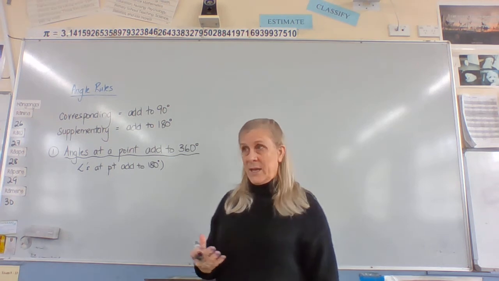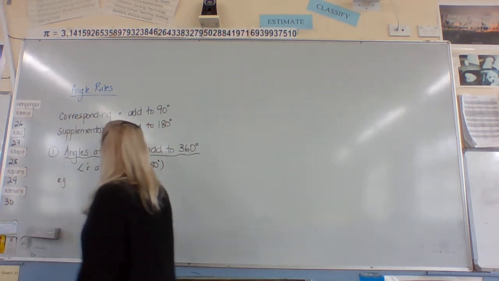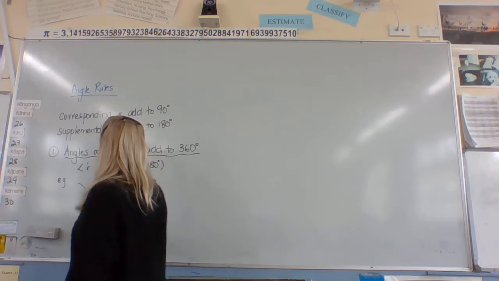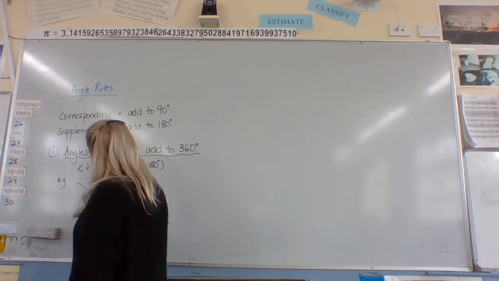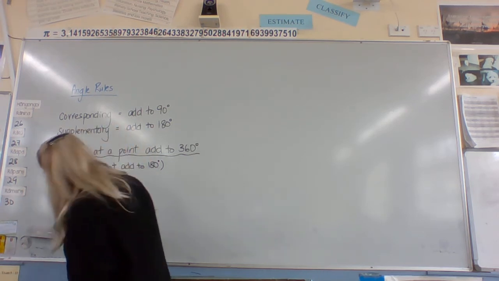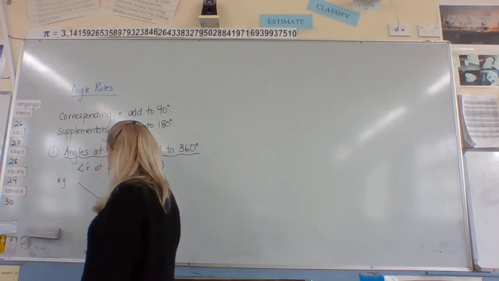So what are we looking at here? We've got a point, and we've got a whole lot of straight lines coming out of it. And we've been told this one is 100 and, trying not to make 85, all right?